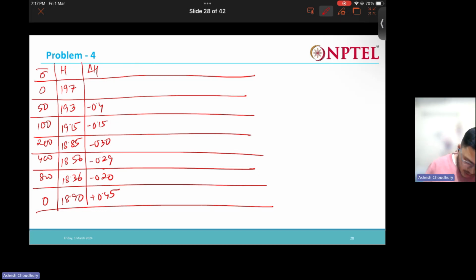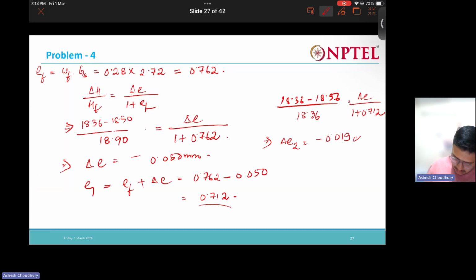Okay. Now delta E. For this we calculated delta E is 0.050. Now for the second one, what will be the delta E? It's 0.019.